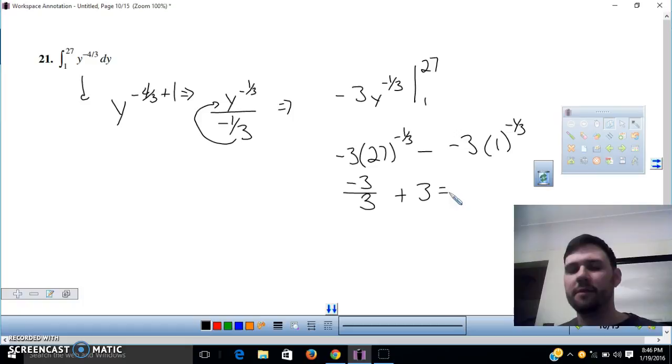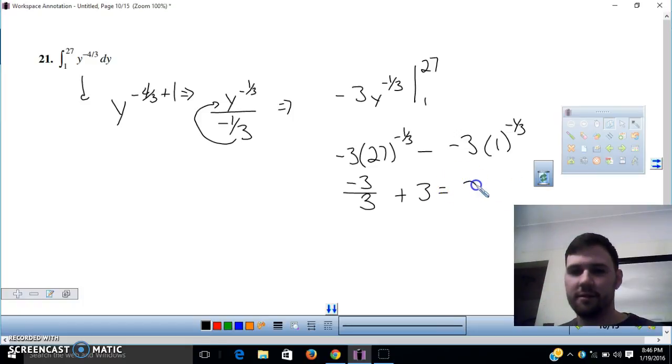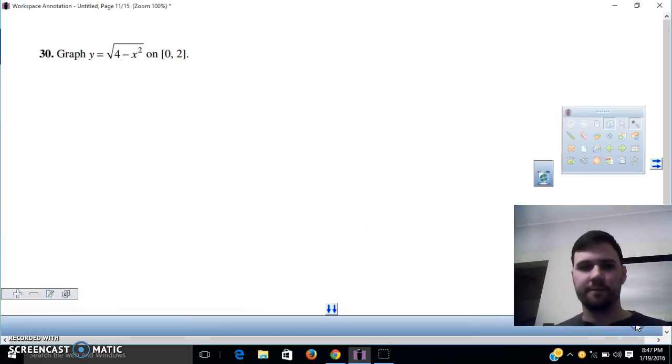So you get negative 1 plus 3, which is 2. Arithmetic. Again, I did this because it's negative 3 over 27 to the 1/3, and 27 to the 1/3 is 3. It's the cube root of it.